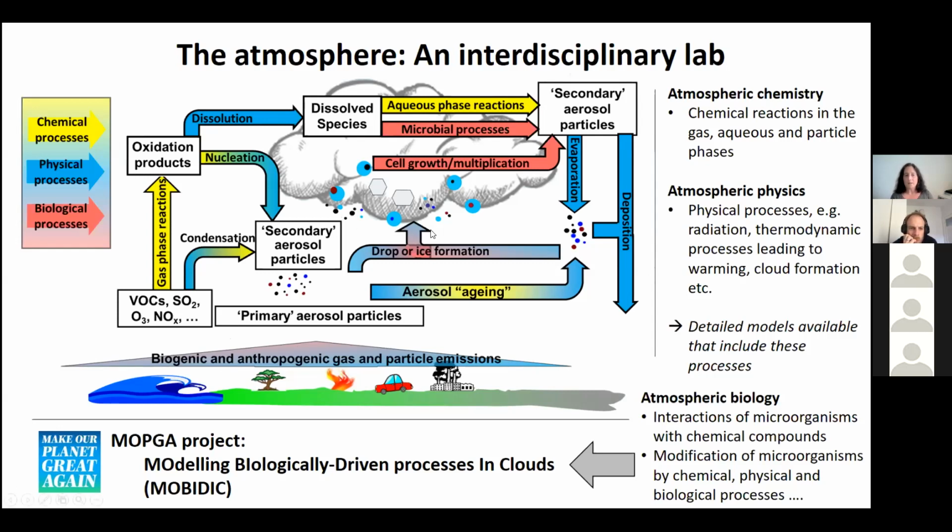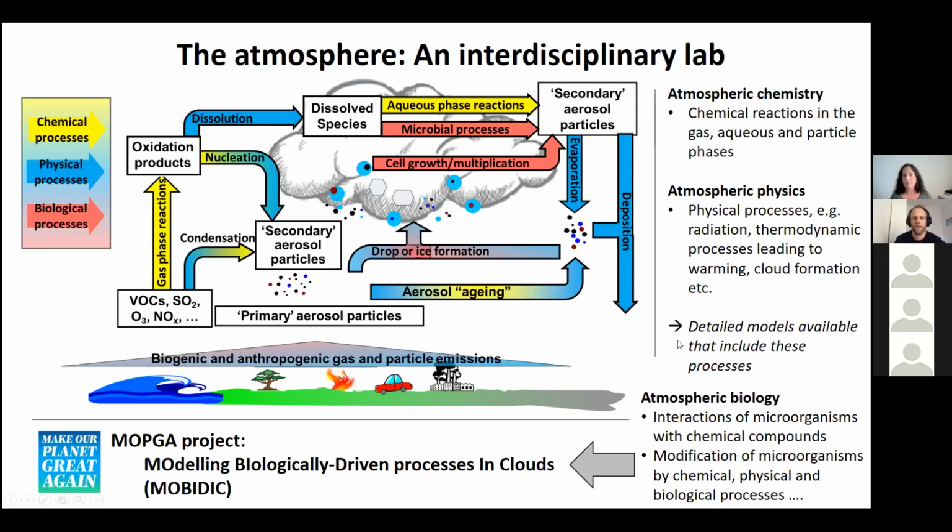Of course, also outside clouds, particles play a role as condensation nuclei, or they can be modified by gas phase reactions. So far, atmospheric models contain atmospheric chemistry and atmospheric physics. And for sure, we don't understand all these processes yet completely.